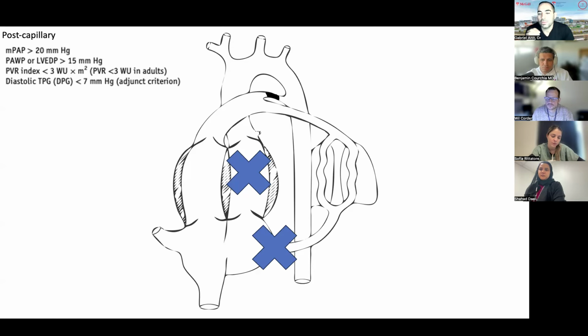And one thing about echo is that it's very good to pick up acceleration, but if you have pulmonary vein atresia, there's just no flow, you might not pick it up. So that's one concept that's important to remember: if you don't have any flow through a pulmonary vein because it's completely obstructed, it's very easy to miss by echo because you just don't see the flow.